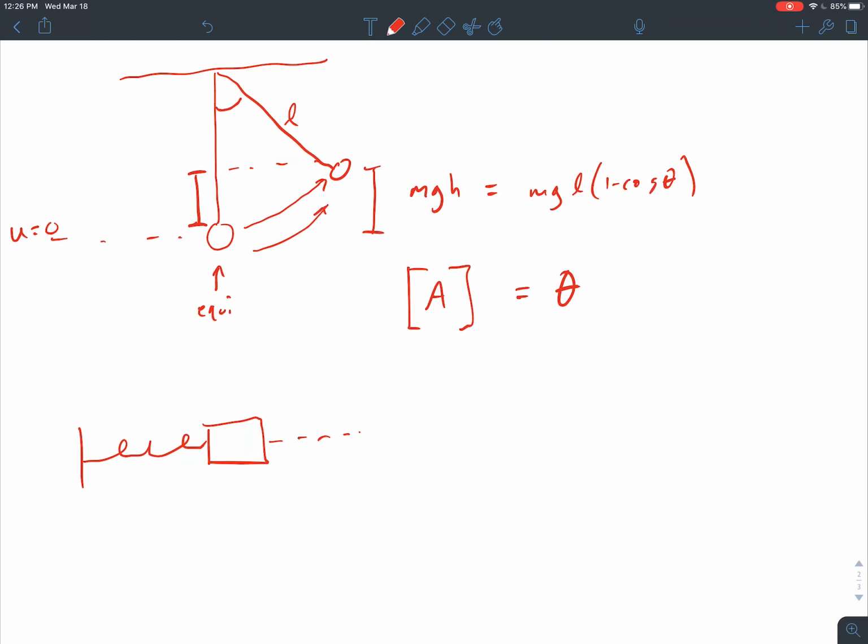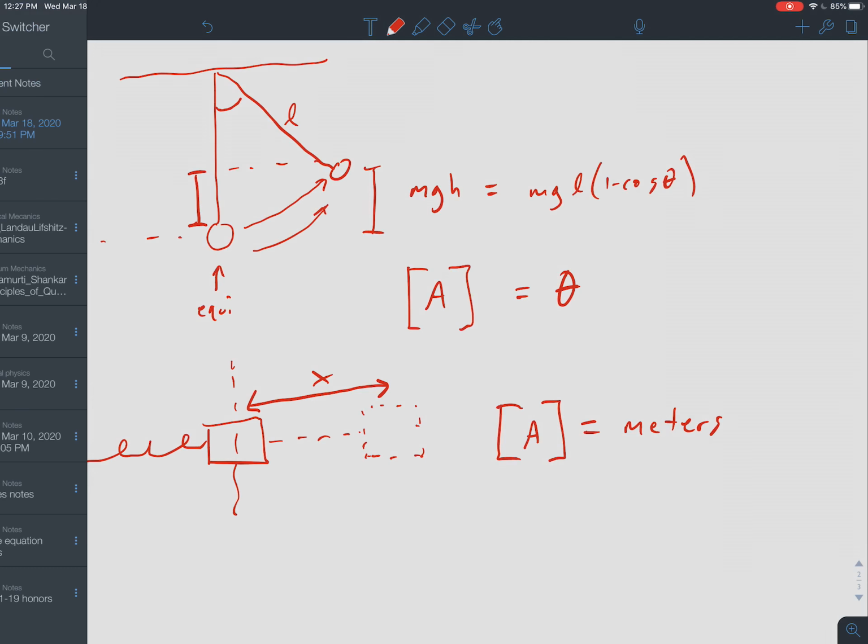If we stretch it, how do we characterize how far it is away from its equilibrium? This is equilibrium. It's just the distance x. So in this case, units of our amplitude would be meters. And we'll talk more about that later. But it's how far away it is from the equilibrium.